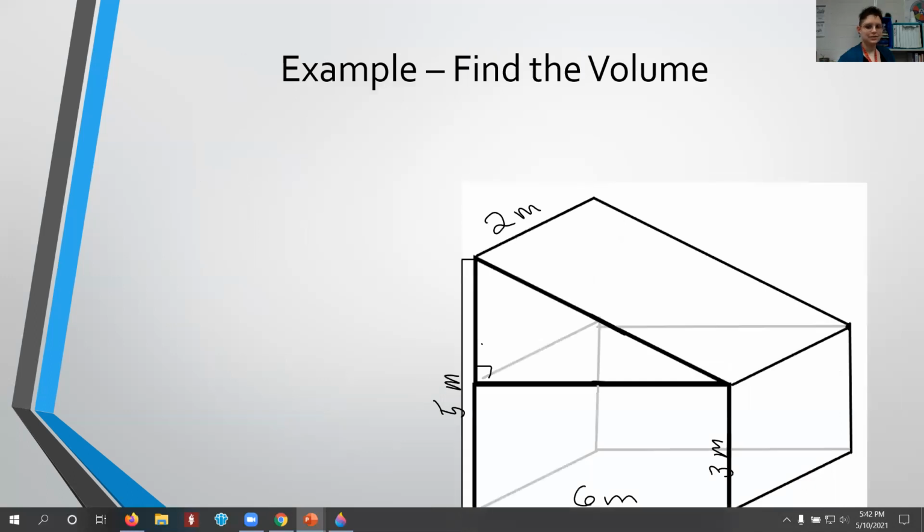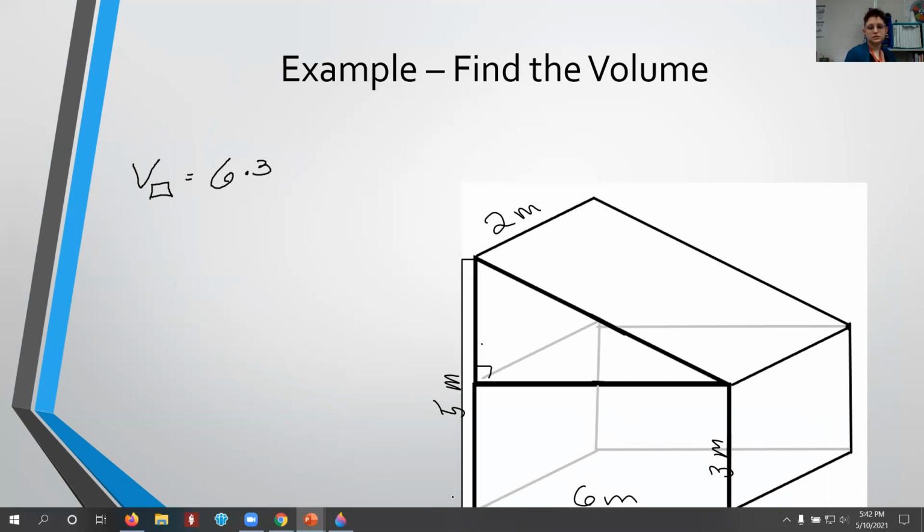And let's look at another example. This time I have a rectangular prism with a triangular prism on top. So let's start with the volume of the rectangular prism. I can see the dimensions are 6 times 3.